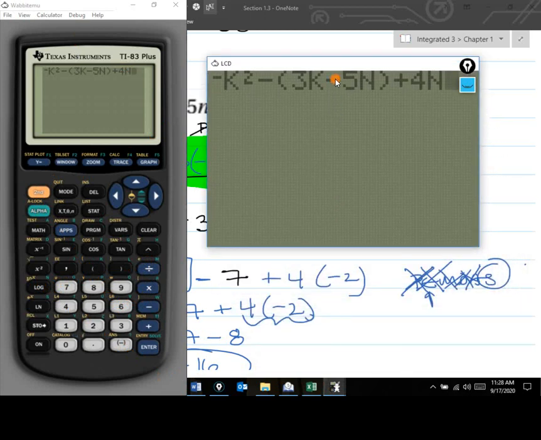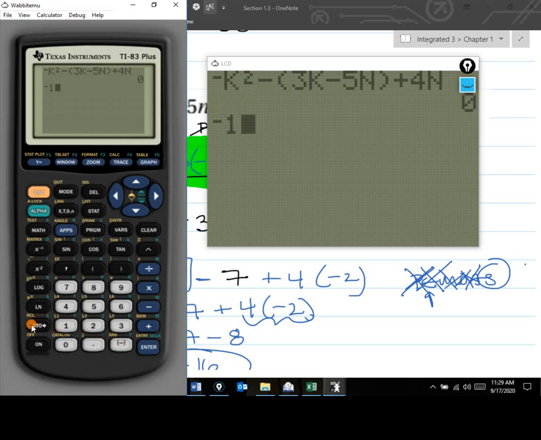Now, I'm going to hit enter, and it gives me 0. If you were doing this on yours, it would probably give you a completely different number, or sometimes an error. It's just because there are values stored for K and N right now that are not what our problem says. So K was -1. You've got to hit -1.